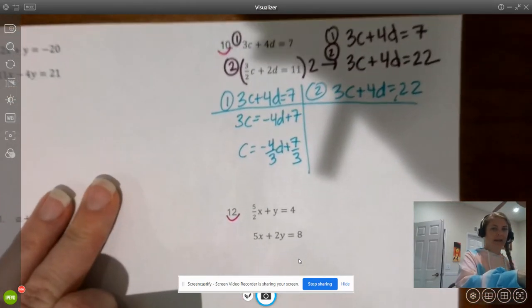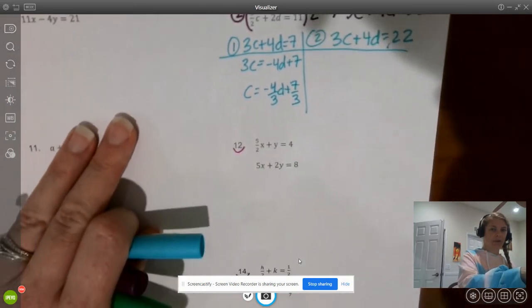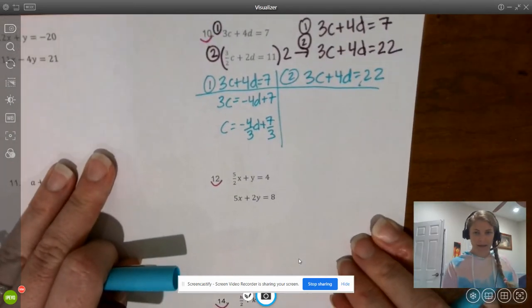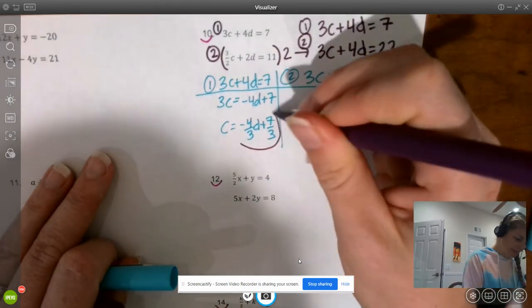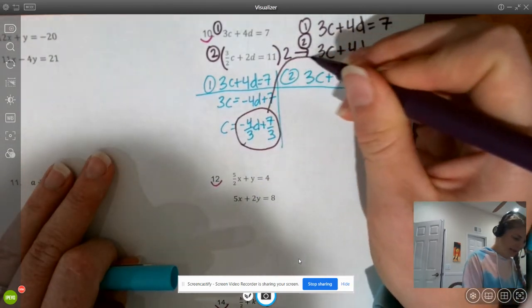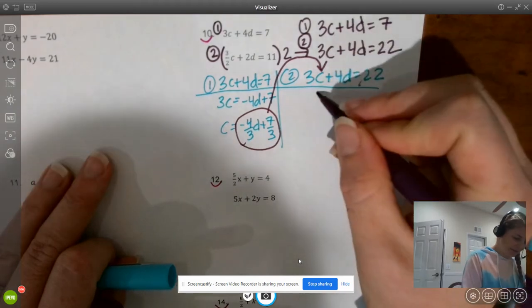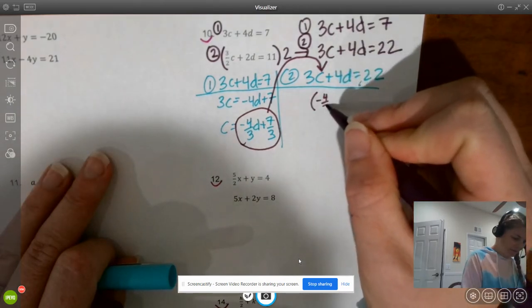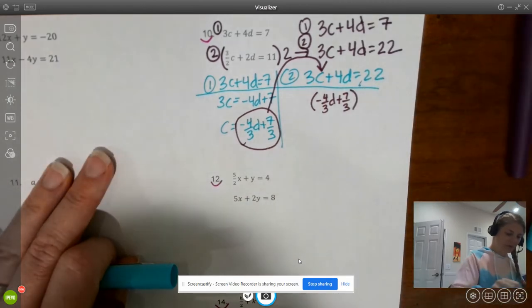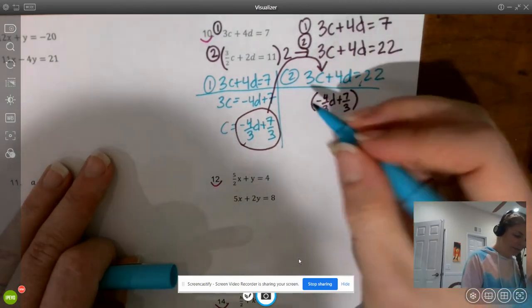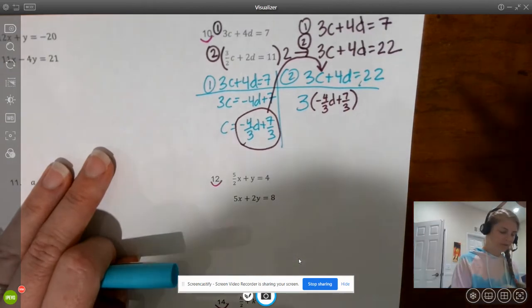So, like I've said before, what I'm going to be doing is now take this value for c and substitute it in for c into the equation I have not used yet. So -4/3 d plus 7/3. And I'm really happy because I'm multiplying all of that by 3 and I'm going to get rid of my fractions.